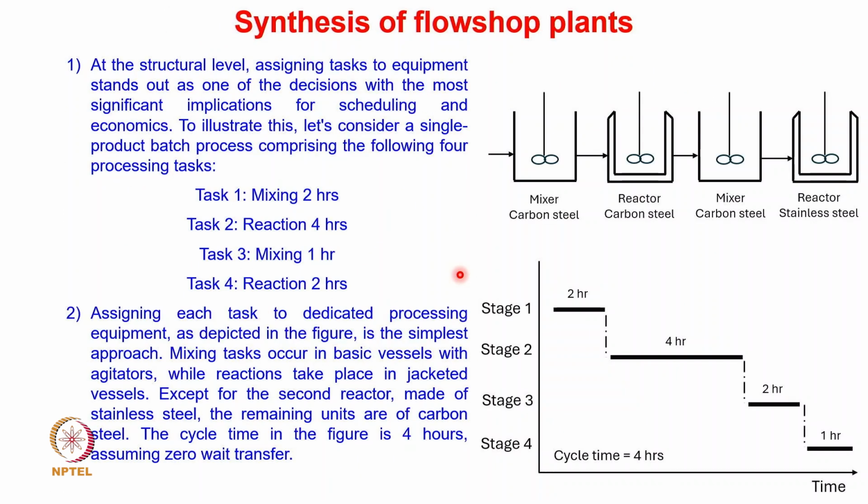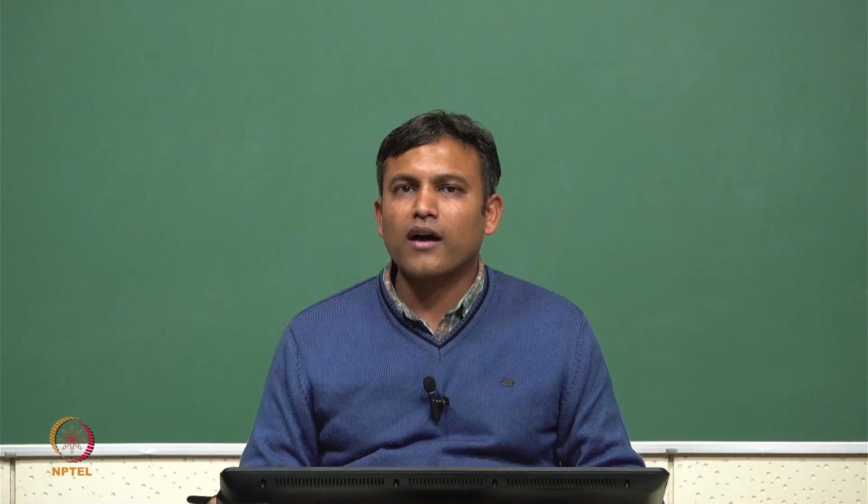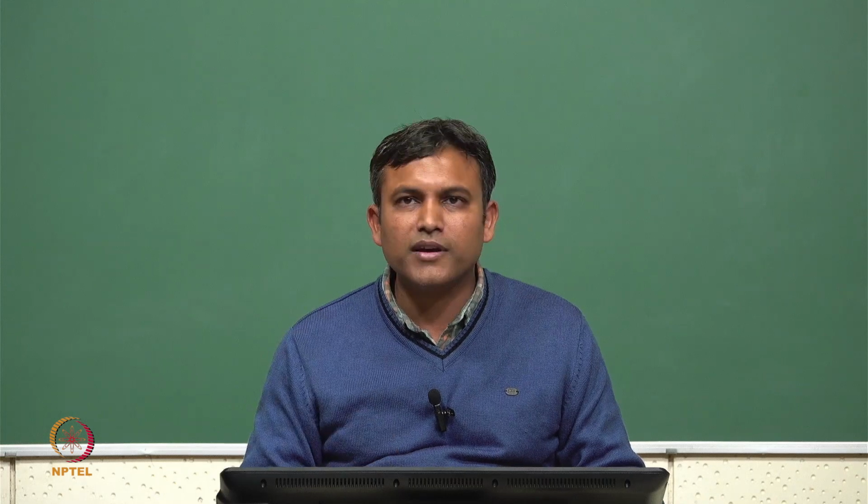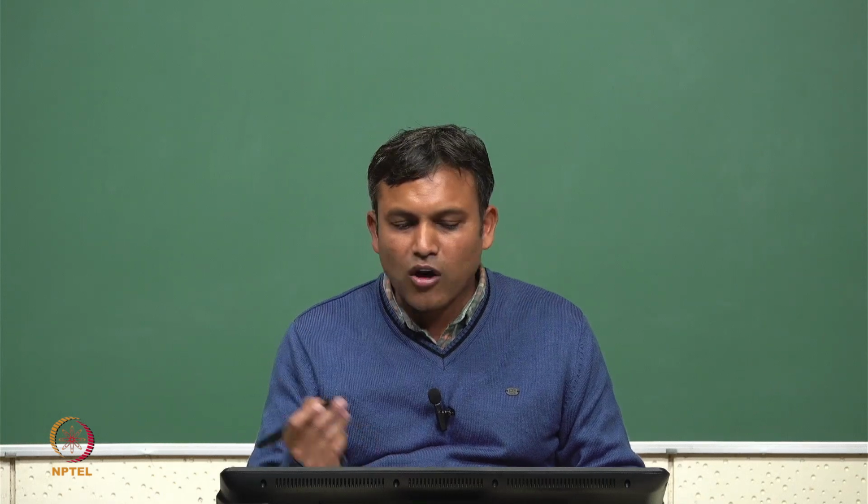Okay, so now again, in order to synthesize the flowsheet plans at the structural level, assigning the tasks to the equipment stands out as one of the decisions with the most significant implications for scheduling and economics. Primarily because, based on how many vessels you are making for different tasks, the capital cost will be incurred and also the operating cost will be there.